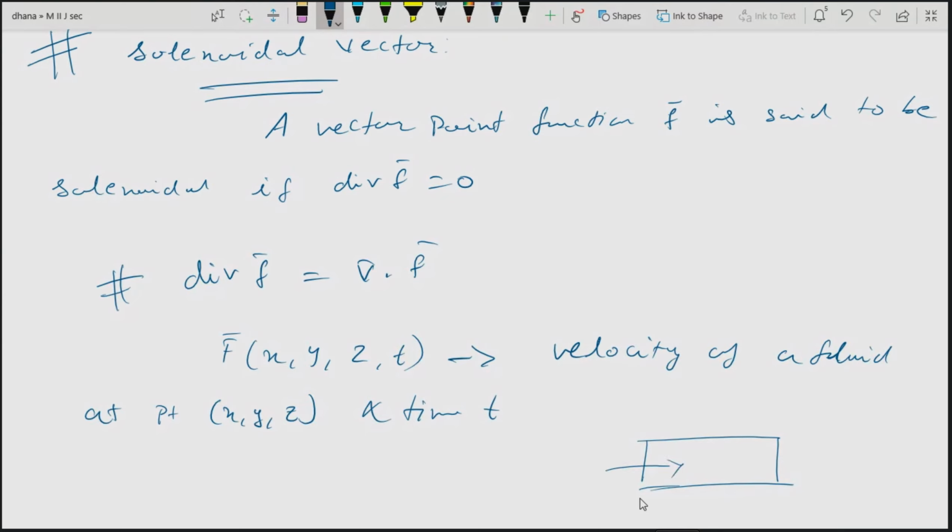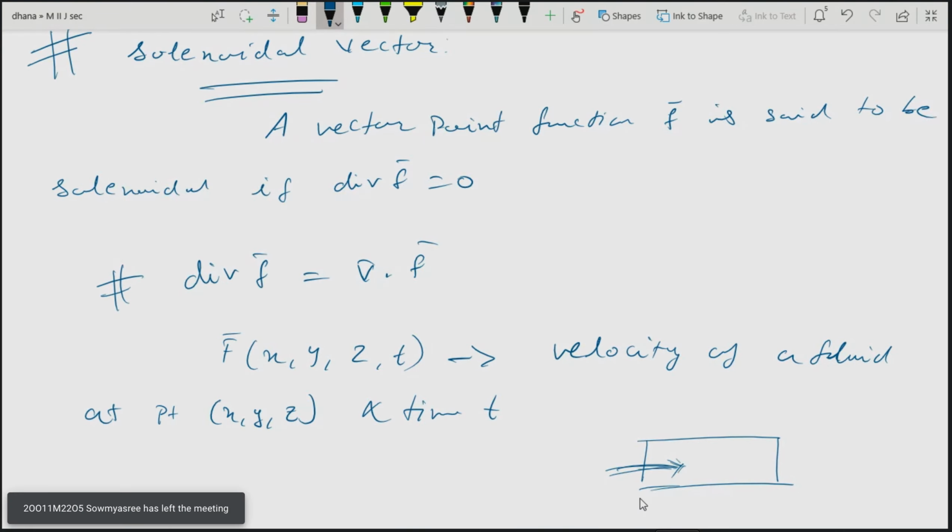Suppose you would like to measure the rate per unit volume at which the fluid flows out at a given time. There is some fluid getting inside this box. Now you may be interested to measure the rate per unit volume at which the fluid flows out at any given time.